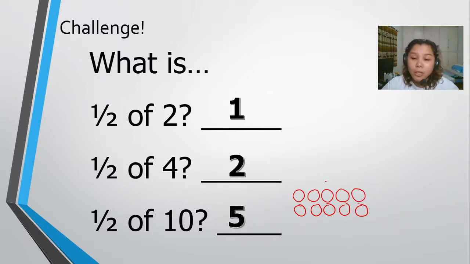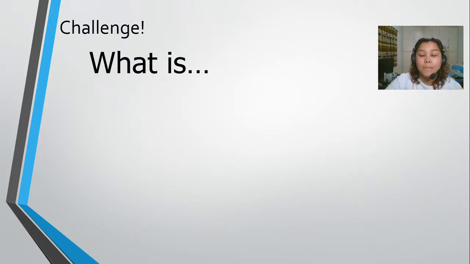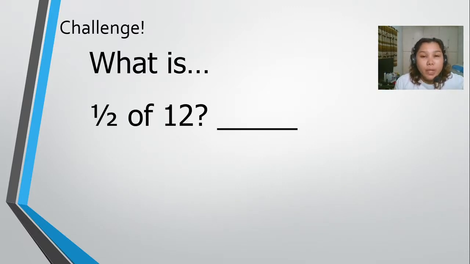Okay. If you're going to have 1/2, so may broken na objects, we can make use instead of horizontal line. So, ilan? 1, 2, 3, 4, 5. And then on the other side is 1, 2, 3, 4, 5. So, that's why 1/2 of 10 is 5. Okay, next, 1/2 of 12. Anong kalahati ng 12?